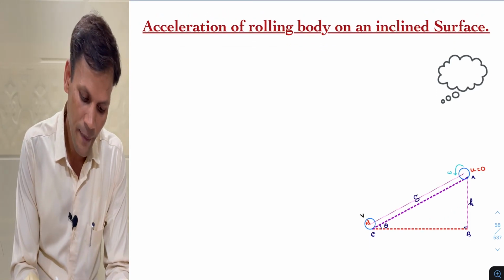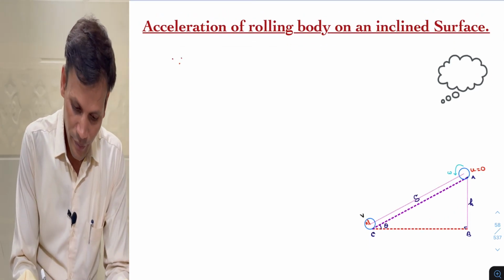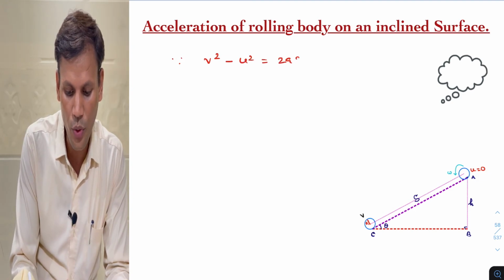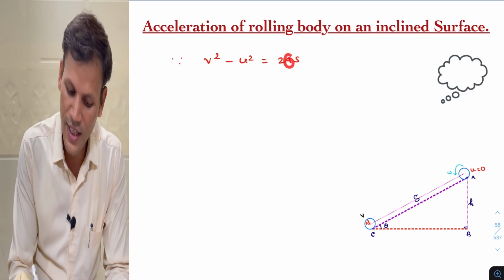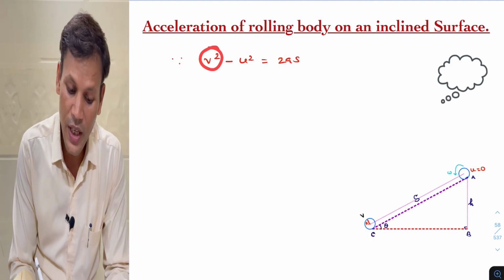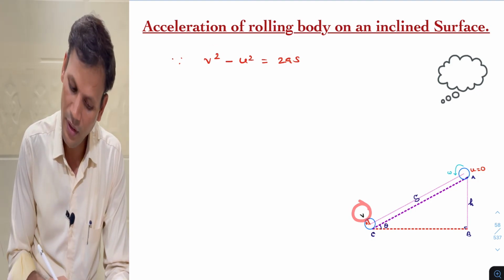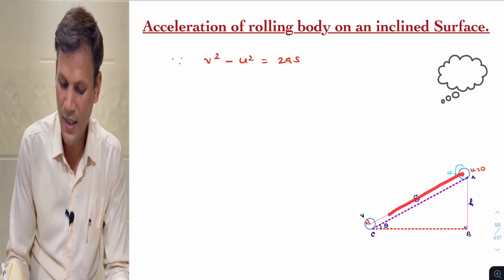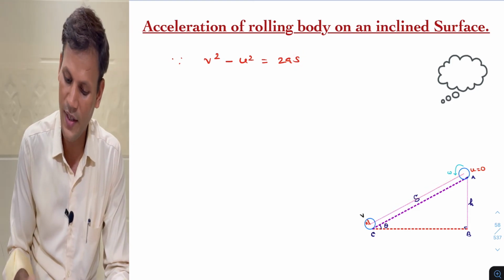So we can say, since v square minus u square is equal to 2as, now we have to find out acceleration. v we have already derived and displacement is given to us, so we can find out acceleration.